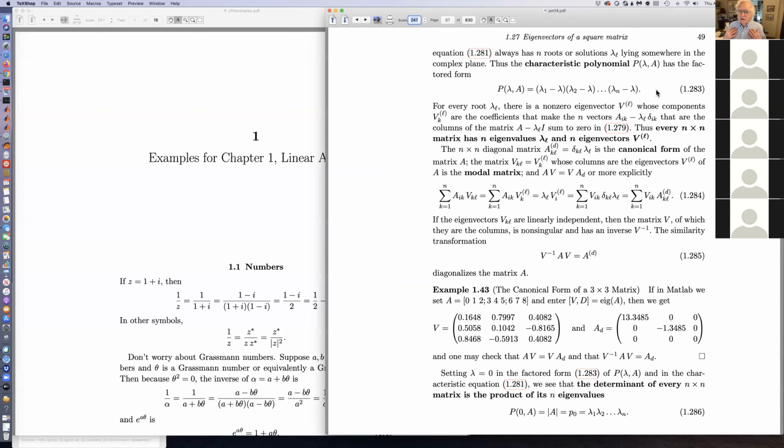So what we can say here is that every n by n matrix has n eigenvalues and n eigenvectors. And whether these are linearly independent is another matter. We'll get to that later today.